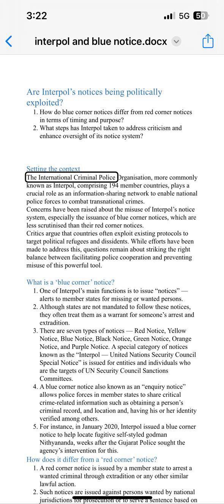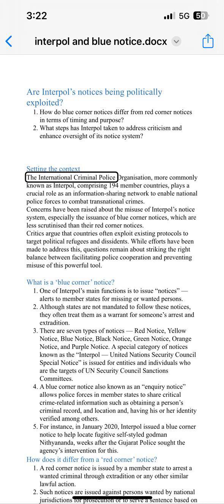Whereas the red color notice is the one through which the affected country would seek information on the arrest of persons for prosecution and also serving the sentence.